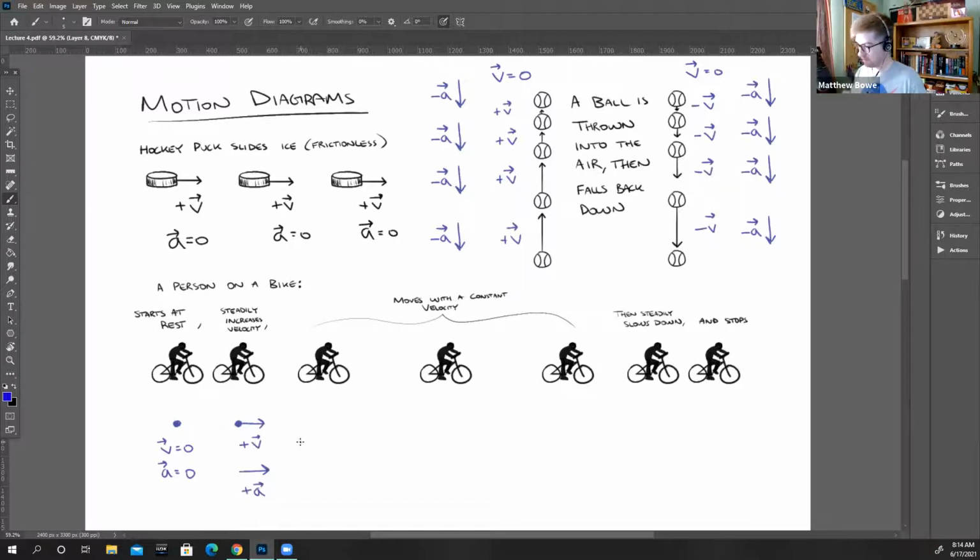Okay, the next three pictures, that is when this person on the bike is just coasting at the same speed. Imagine this is a perfect world without friction, any of that. So they're going at the same speed in these three pictures here. So I would put this as a dot that is moving at the same speed. Let me try to make the size of this arrow the same for all three of these, just to represent that.